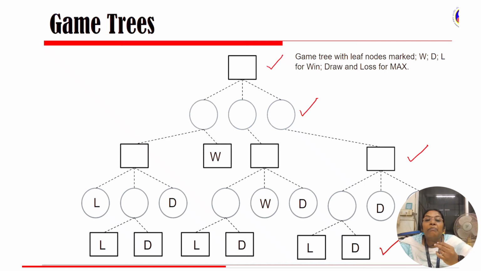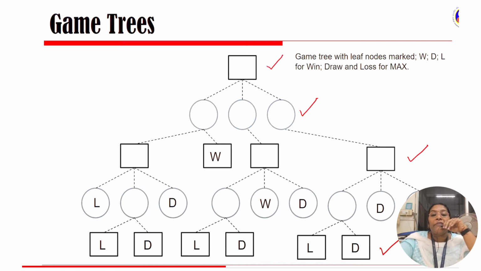There are some values given as W, D and L, where W stands for win, that is +1, L stands for losing the game, which is -1, and D stands for draw, which is 0. The minimizer would go for the minimum value out of the given, and the maximizer would select the maximum value of the given.